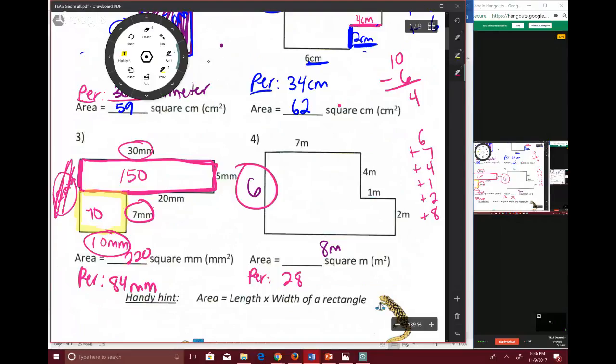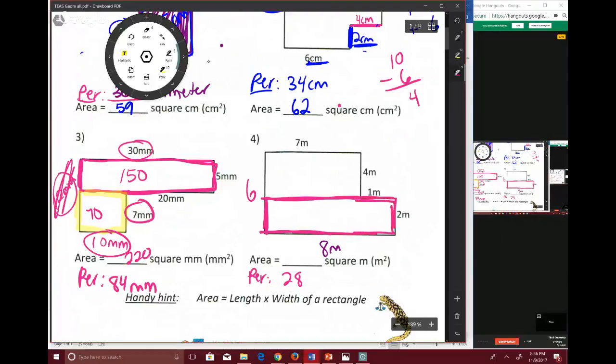Now I can do my area. And again, what I'm going to do for that is pick a place to make a line, and I'm going to watch out for what I need to use versus what I don't. Now, when I look at my bottom rectangle here, I need to use this 2 and this 8.